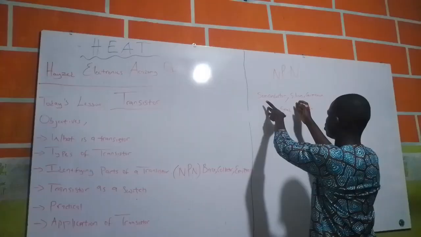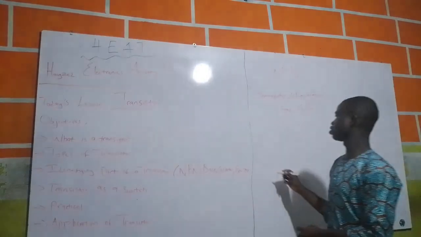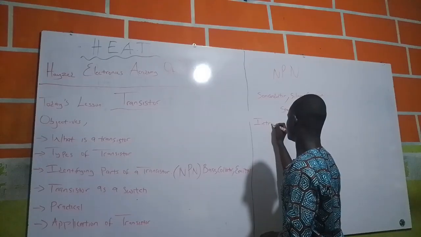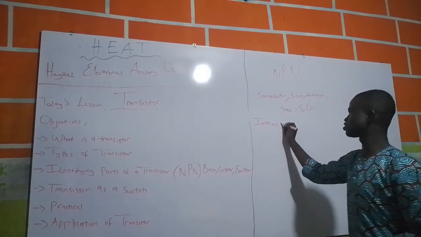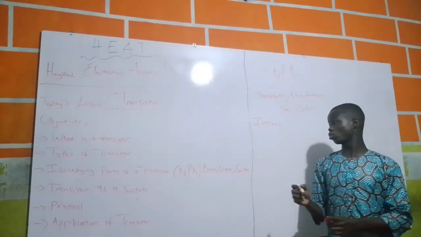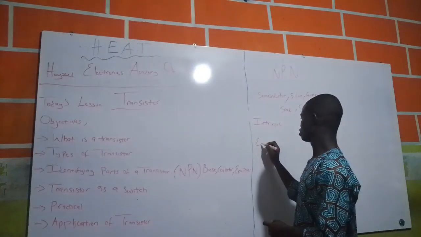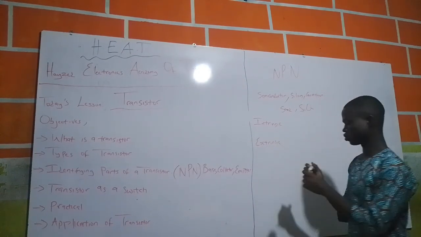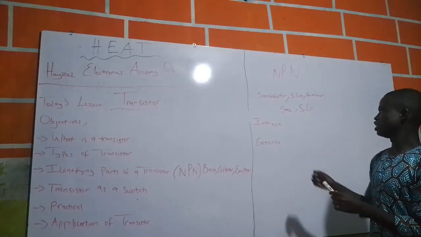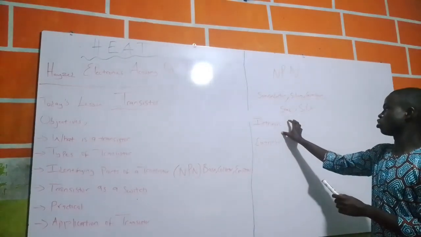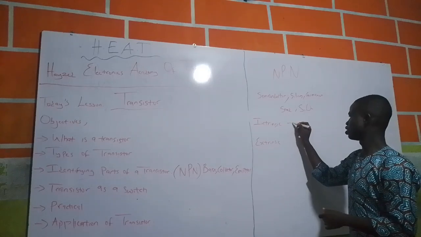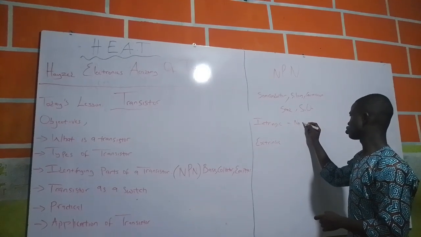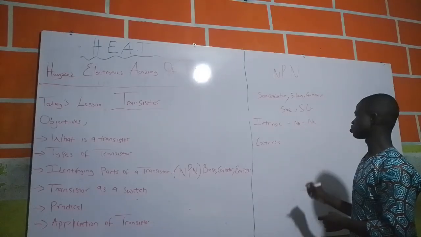Now, we have two types of semiconductor. For those of you that have done this in physics, we have the intrinsic semiconductor, and we also have the extrinsic semiconductor. An intrinsic semiconductor has an equal number of holes and electrons, that is, the number of holes is equal to the number of electrons.